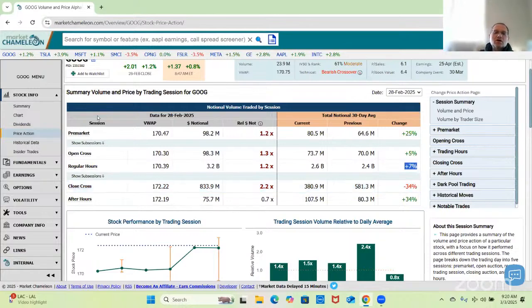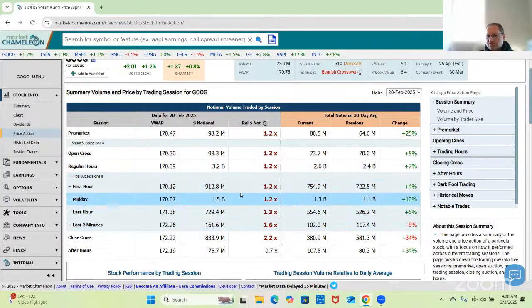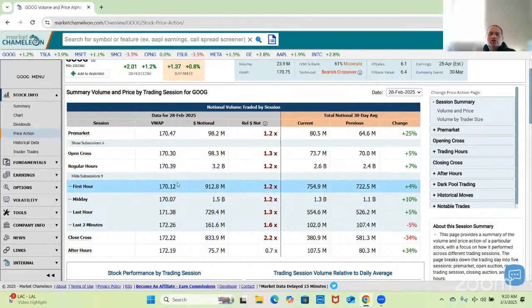I'm going to go here, just show you guys a couple more breakdowns. And we could break down the regular trading session by time of day. We do that also because the volume profile of a stock and the market overall is not always consistent or constant throughout the trading day.